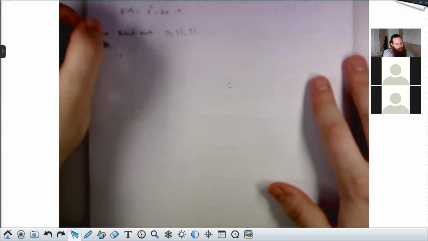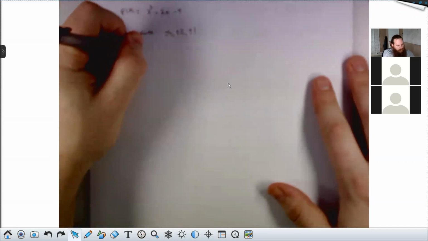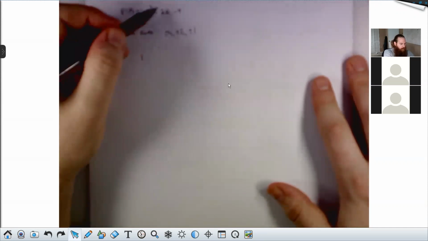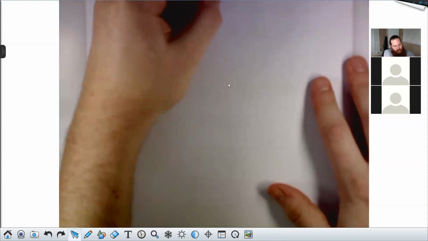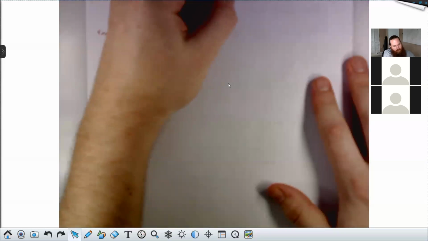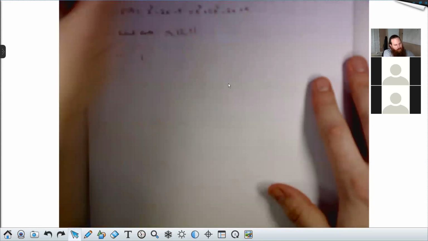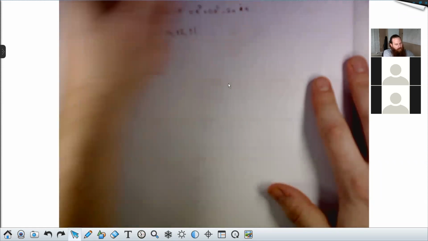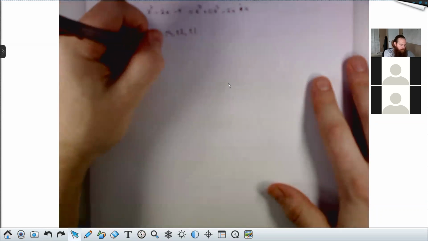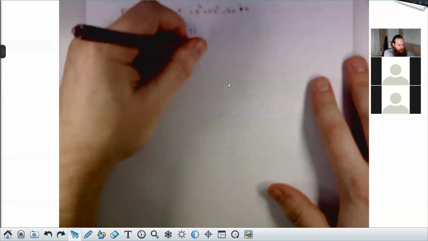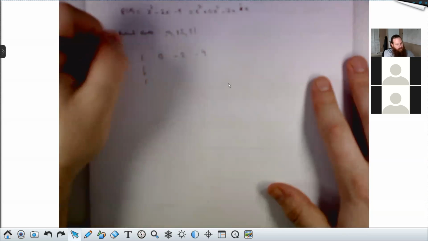Can check negative 1 using synthetic division. This guy, remember, is x cubed plus 0x squared minus 2x minus 4, sorry. So the coefficients, when I write them down for synthetic division, would be 1, 0, negative 2, negative 4. Bring down the 1.